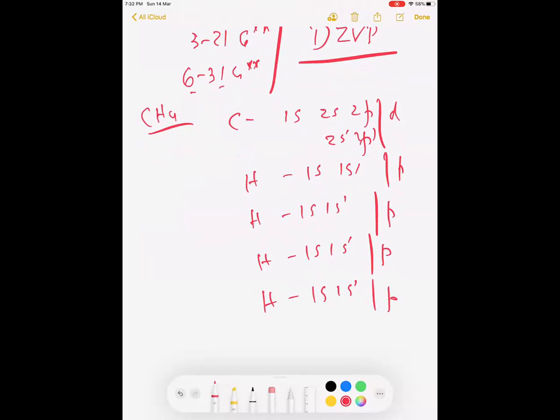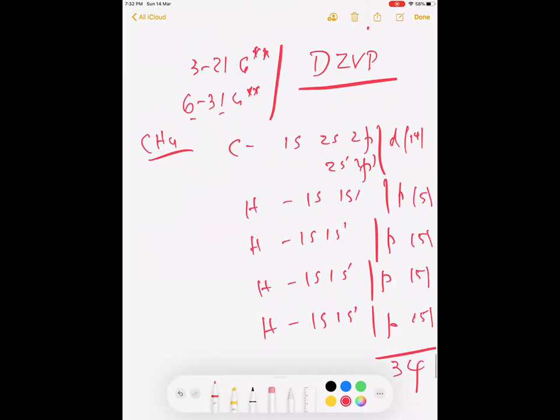So this number with a 5D function now becomes 4 plus 4 plus 1, 9 plus 5, 14. I've already done this calculation. I'm repeating it. These numbers now become 5, 5, 5, 5, and the number in either case is 34. So the number of molecular orbitals is 34, either I do 321G star star or 631G star star.